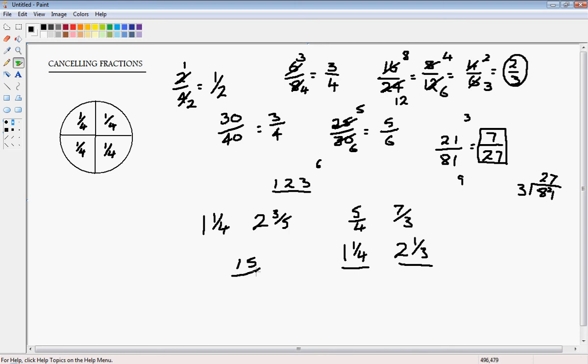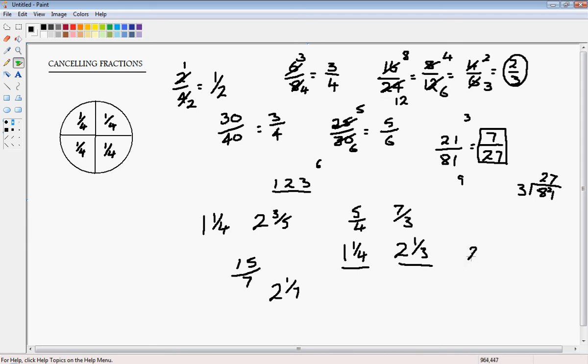So if we have 15 over 7, now 7 goes into 15 twice, and I have 1 left over. So I have 1/7 left over.